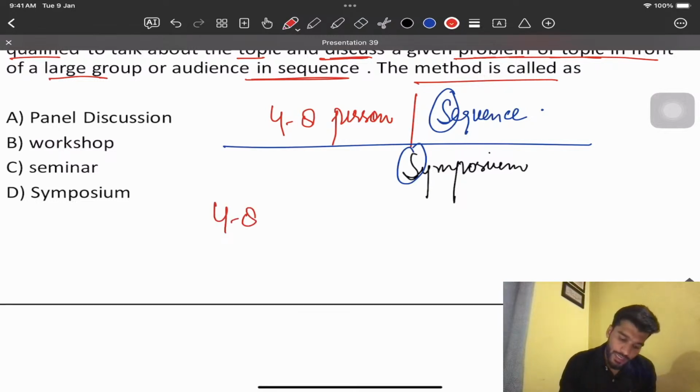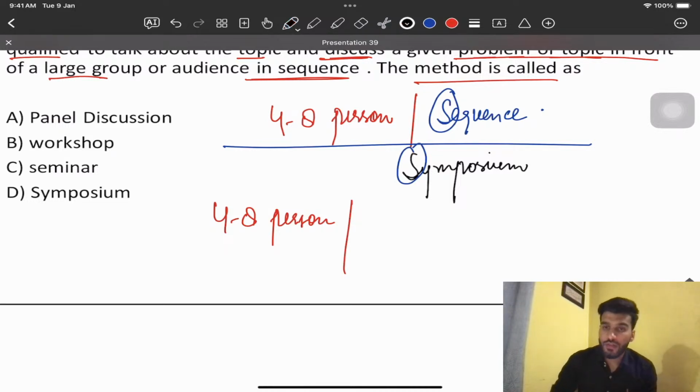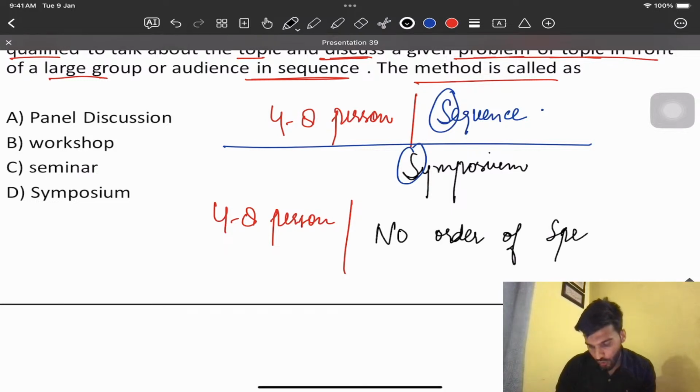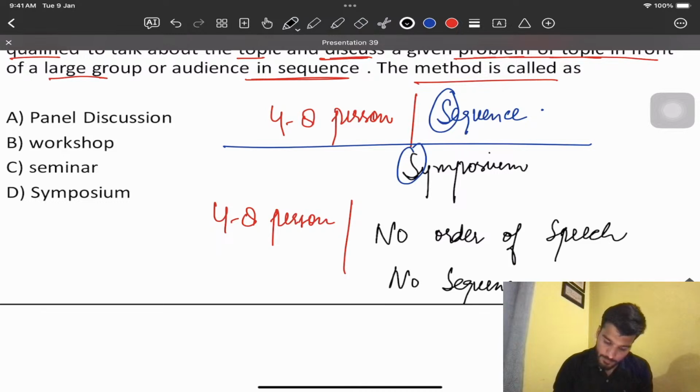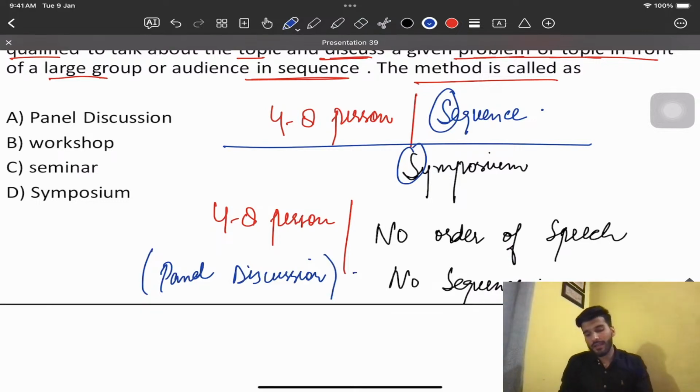If 4 to 8 experts deliver, but there is no correct order of speech, no sequence, that is called panel discussion.